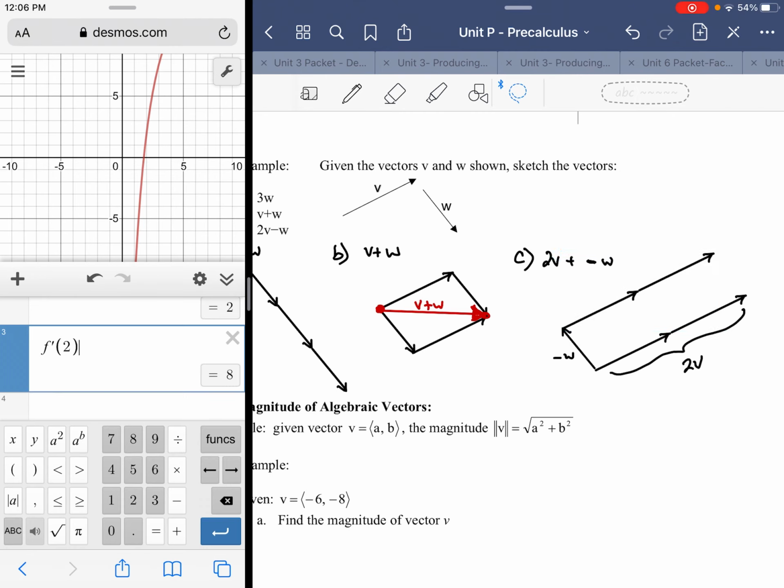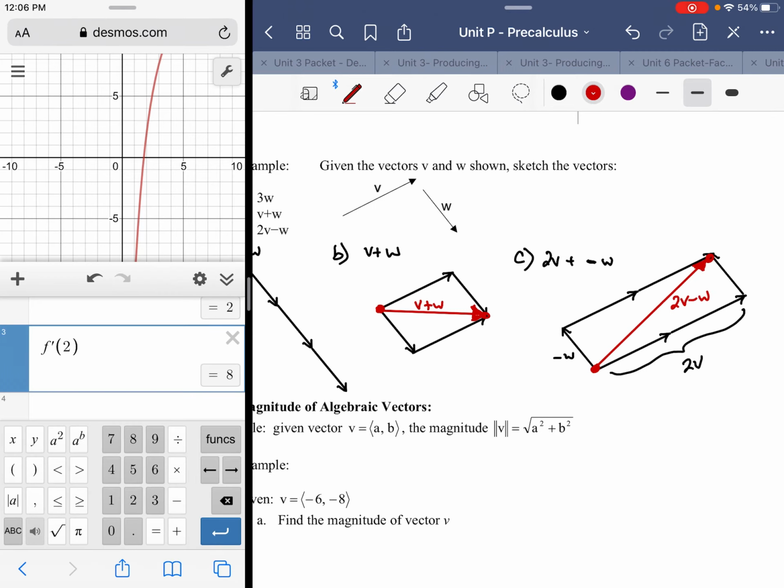Now if I want the sum of these two vectors, I'm going to use the parallelogram approach. Again, copy, translate, copy, translate. Give yourself two endpoints, the one where you started and the one opposite.